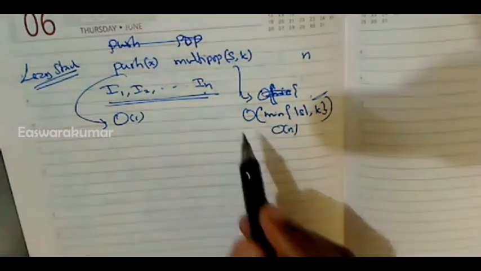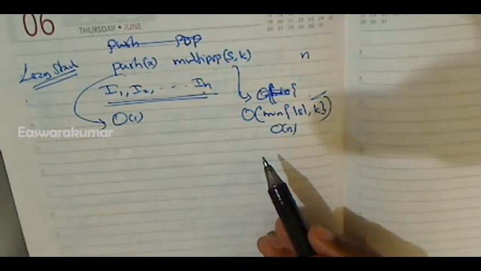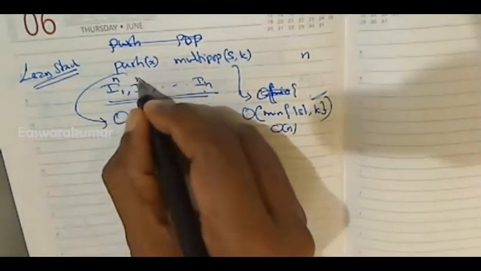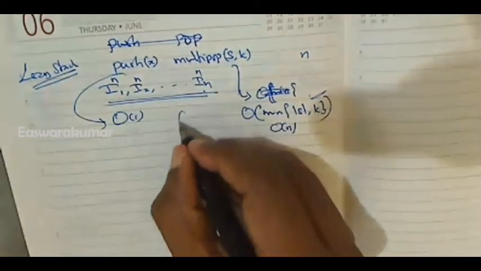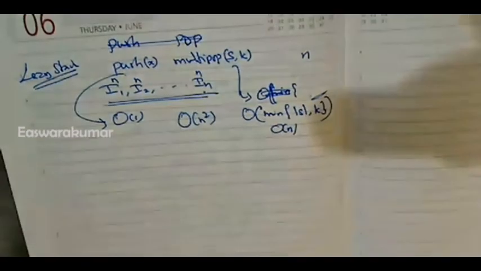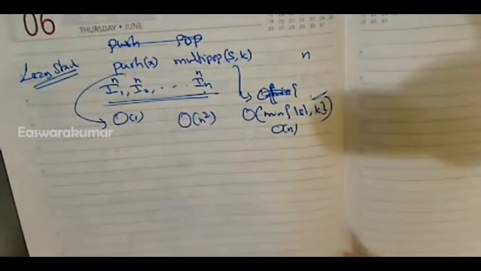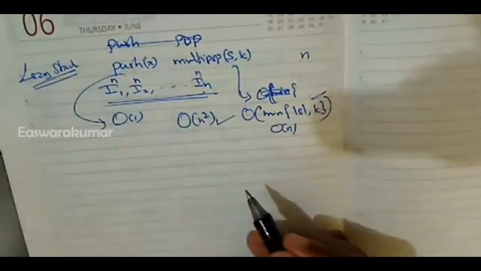So this will take n units, this will take n units, this will take n units. So totally n into n. So n plus n plus n, like that n times, is equal to n square.